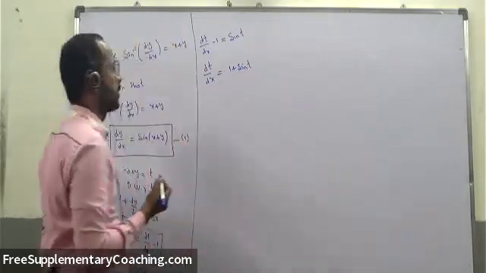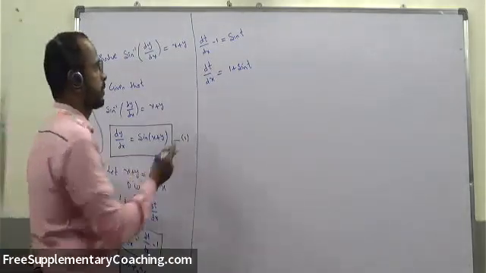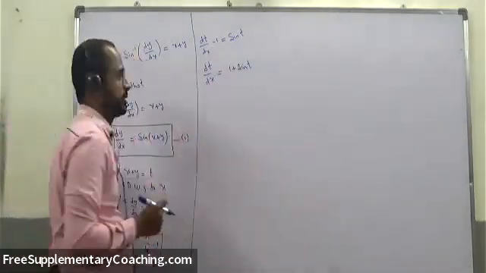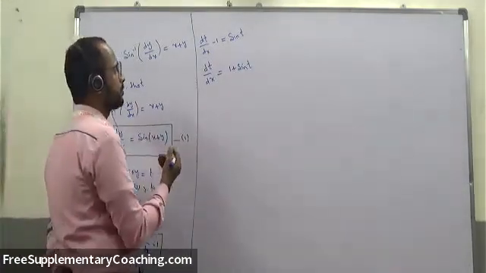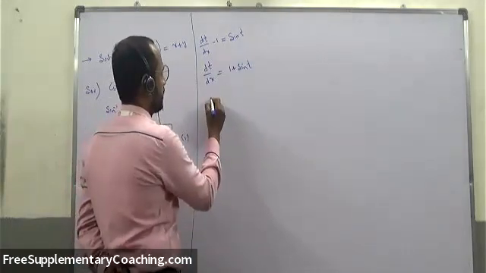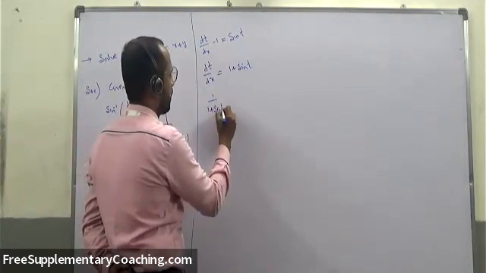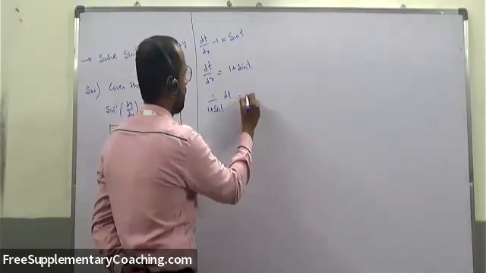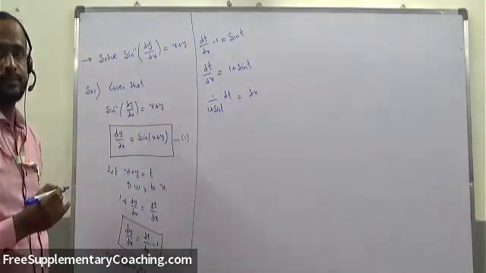Now I'm interchanging the positions: 1 by 1 plus sine t into dt is equal to dx.